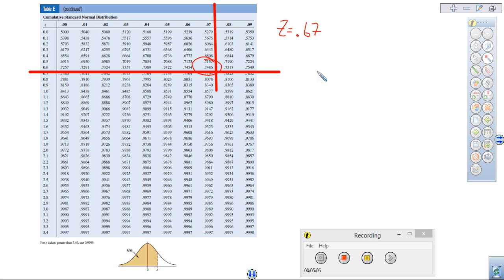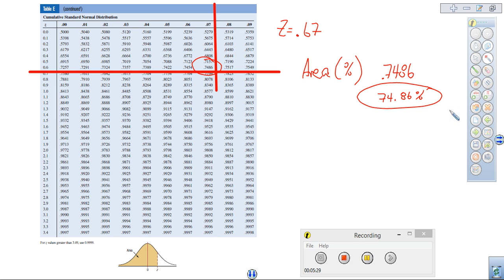And we find out that the corresponding area, or the percent of area under the curve for that particular z-score, is .7486, which remember is also known as 74.86%. Give me 1 second, we'll go back to the other page.